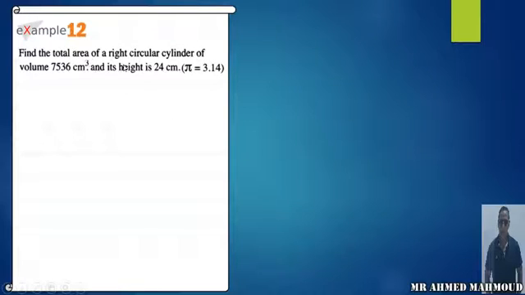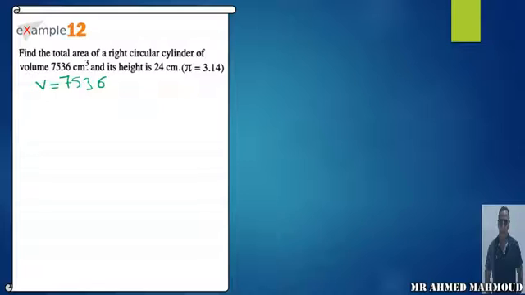Find the total area of a right circular cylinder whose volume equals 7,536 and its height equals 24. First, I'm going to start with the rule of the volume. Volume equals 7,536.